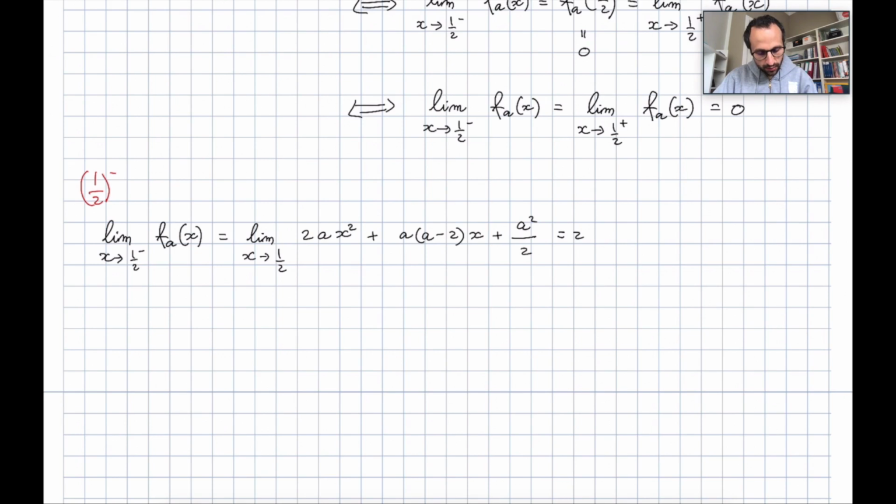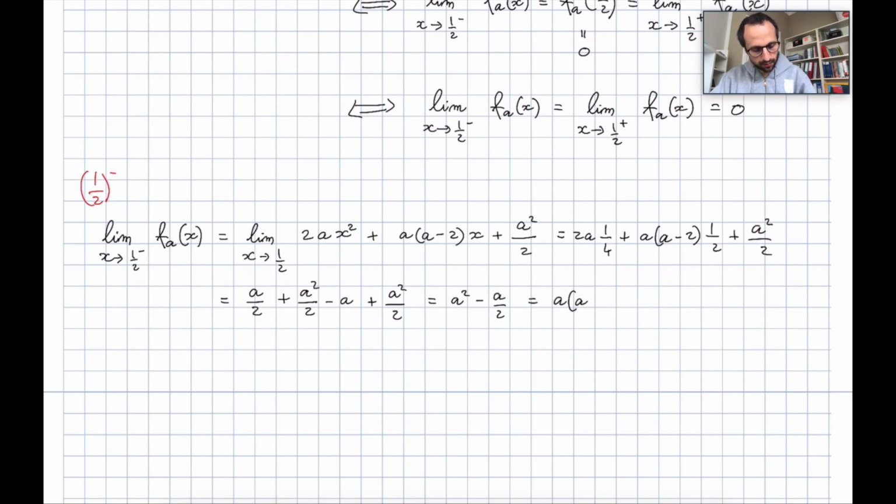This gives me 2a times 1/4 plus a minus 2 times 1/2 plus a squared over 2. Now this gives me a over 2 plus a squared over 2 minus a plus a squared over 2. This is nothing but a squared minus a over 2, namely a times (a minus 1/2). So this is the easy limit, the limit from the left.